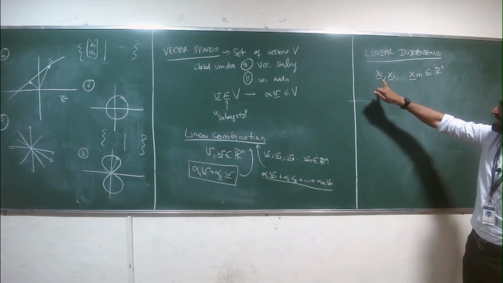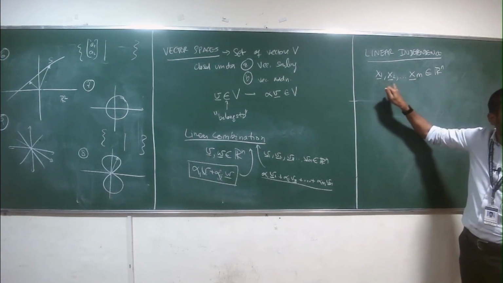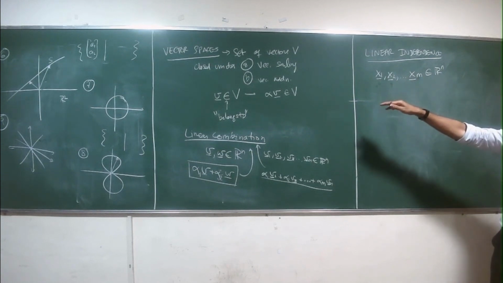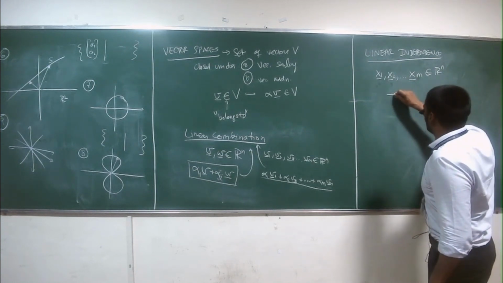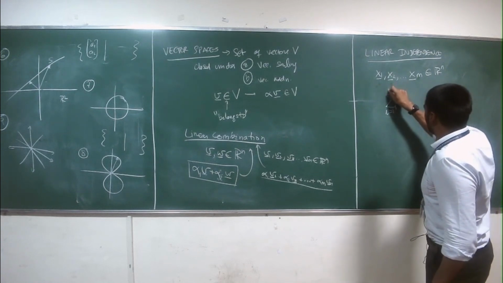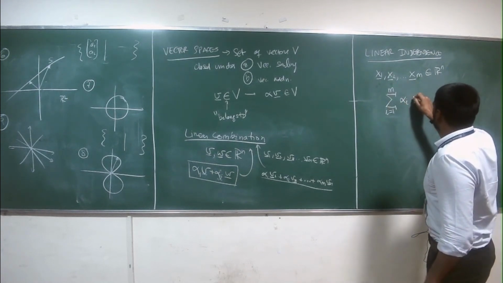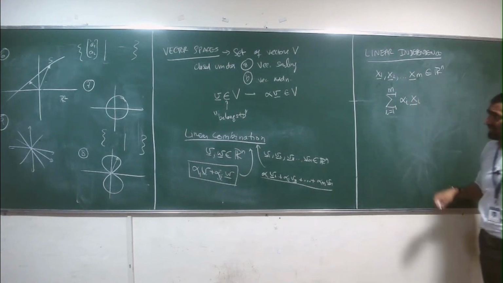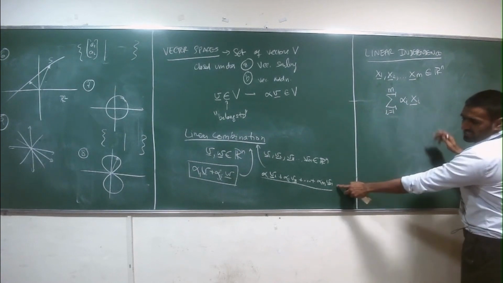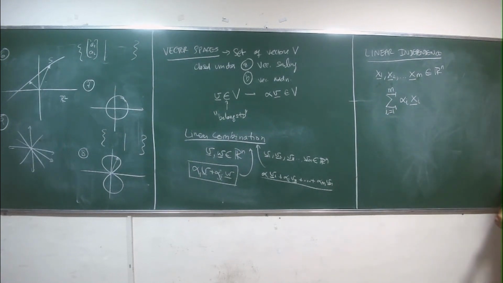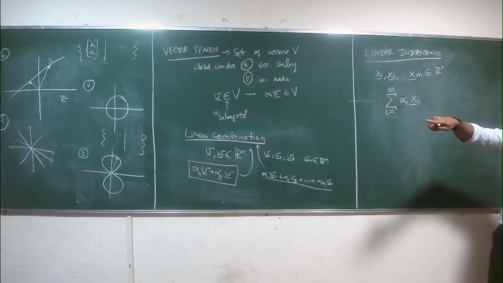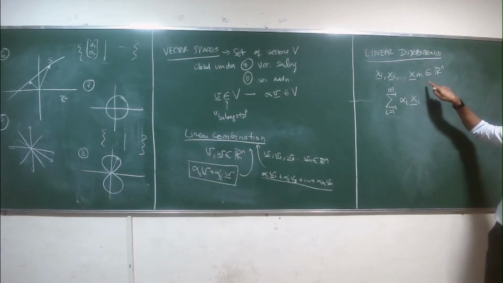It means I'm simply taking each of these, multiplying each by some number alpha 1, alpha 2, and then adding the scaled vectors together. I will express that like this: the sum from i equals 1 to m of alpha i xi. This is simply a compact way of writing this. This represents a linear combination of these vectors x1 to xm.